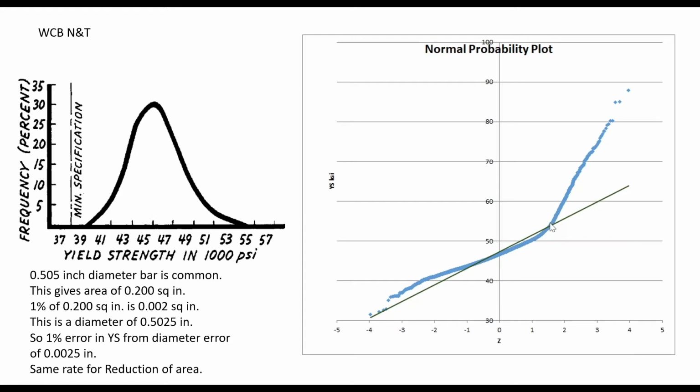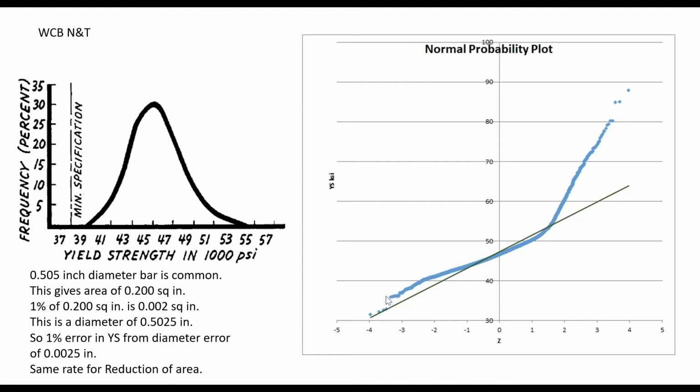And so if they were making LCB and meet the properties, it may have been mislabeled as normalized and tempered. And that would make sense in terms of having this much higher yield strength curve that goes straight up. And so you can see that 36 is a normal value, and you can see that we get a little compliance bias right here at the bottom.